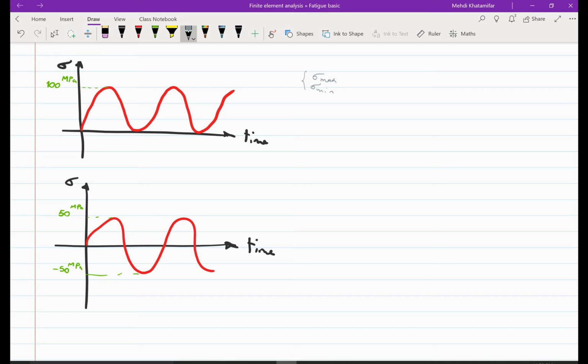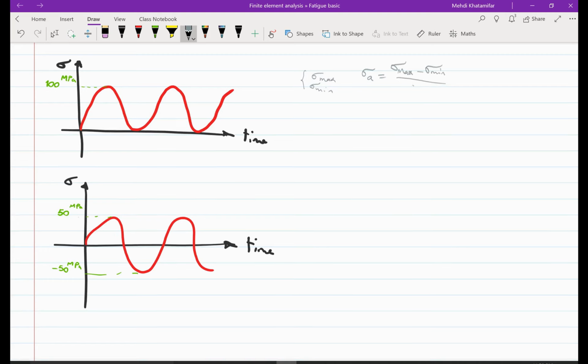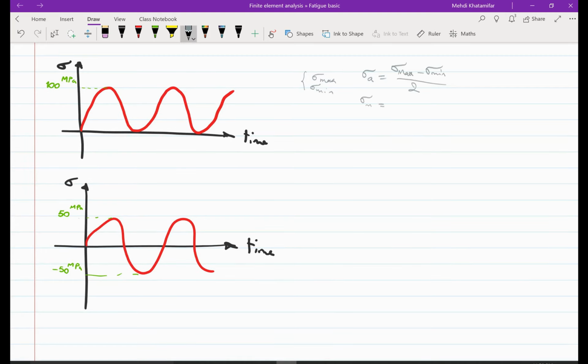So we can use ANSYS with static structural loading. For example, with 100 megapascal, we can get the maximum and minimum stress for the stress concentration area. Then we use the alternating stress formula and the mid-range formula to find A and M, the alternating and mid-range stresses.